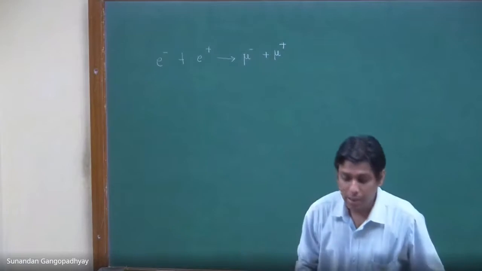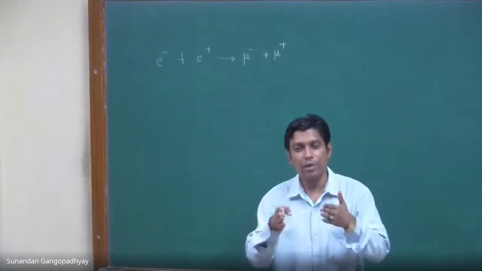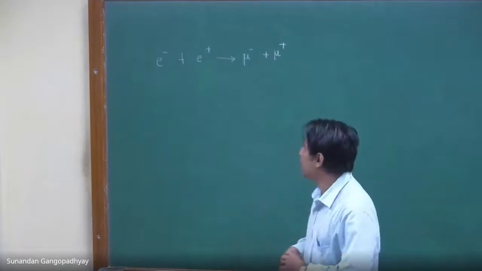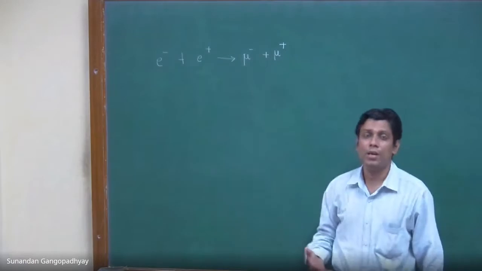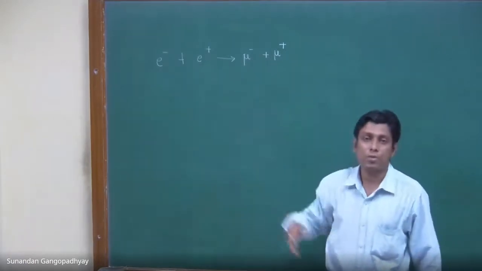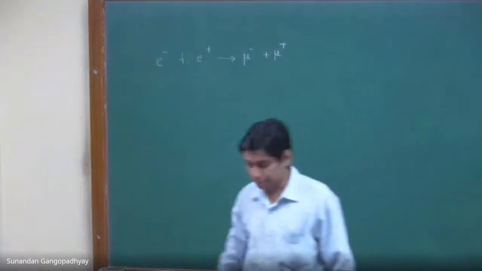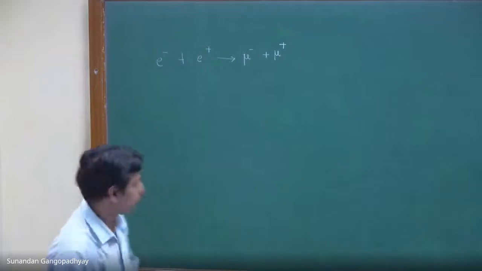By elastic here, what I mean is that the initial particles and the final particles are the same. And the nomenclature is that when the initial particles and the final particles are not the same, we shall call this type of scattering process an inelastic scattering, because the initial particles and the final particles are not the same.